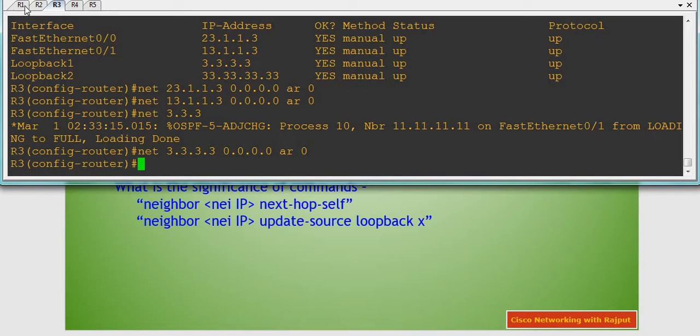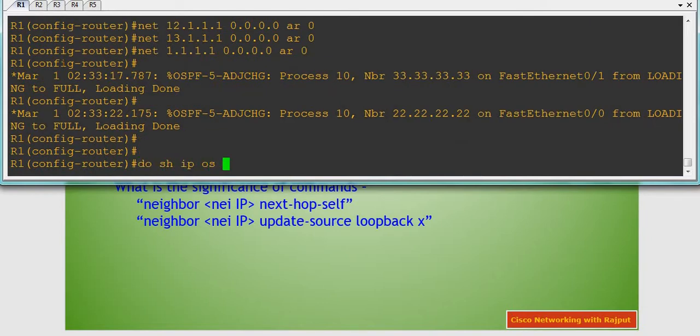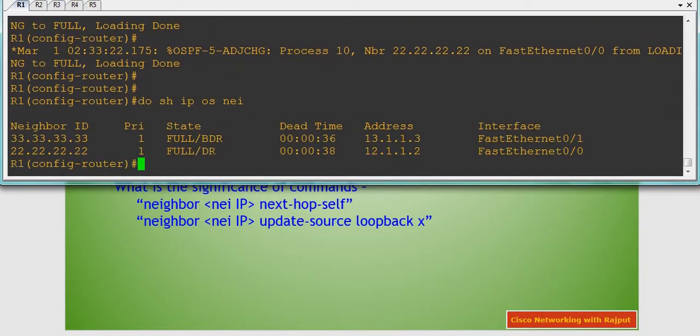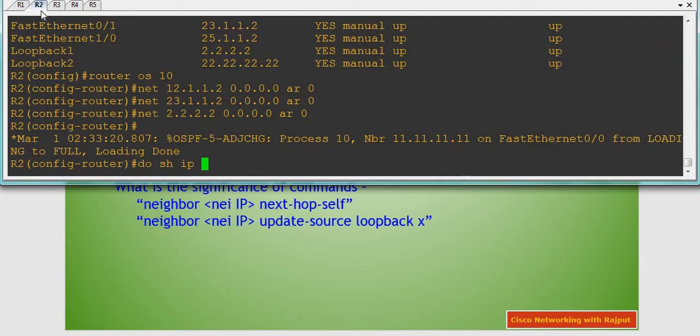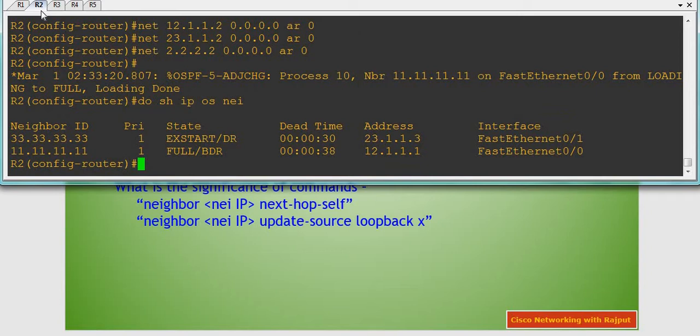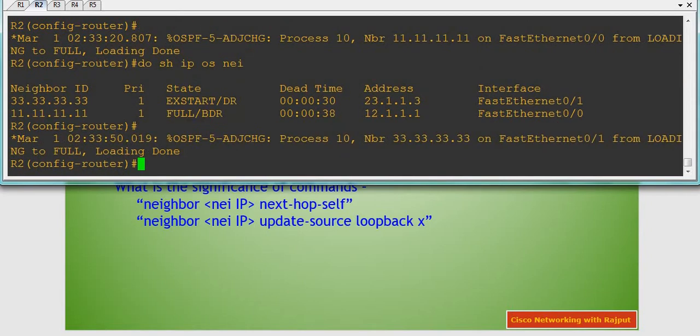Okay, OSPF neighborship is coming up. With router 3, the OSPF adjacency is in ExStart mode, and with router 1 it is Full. Okay, for R3 as well, it's up now.